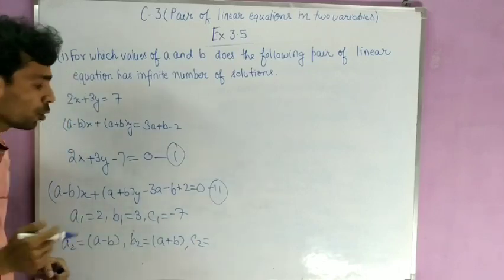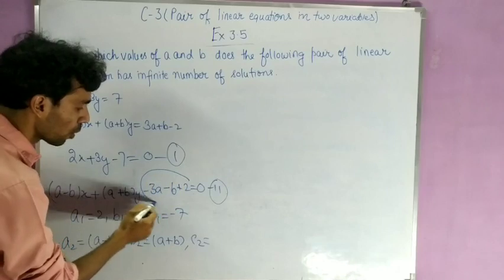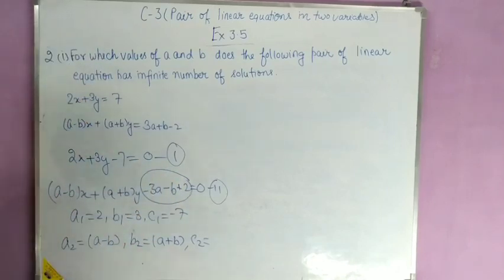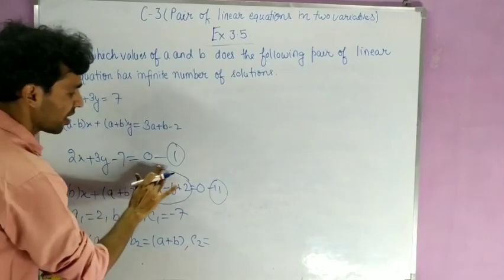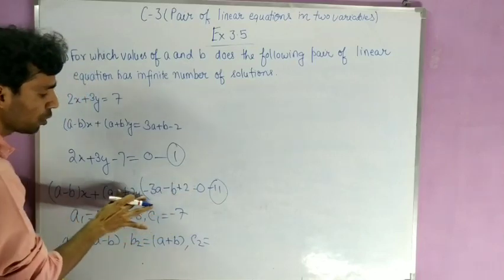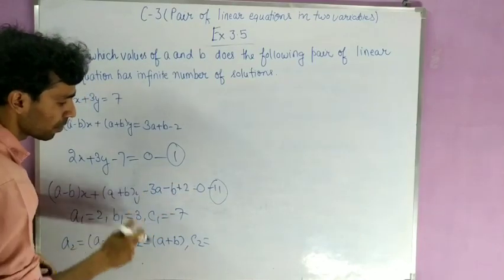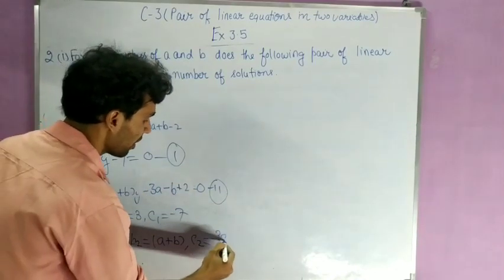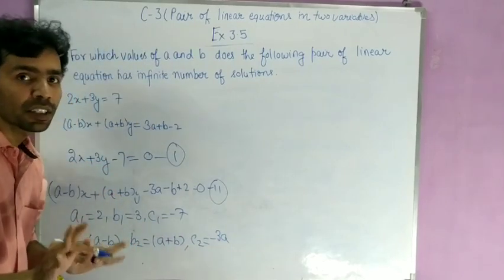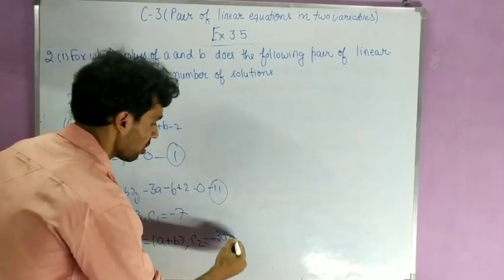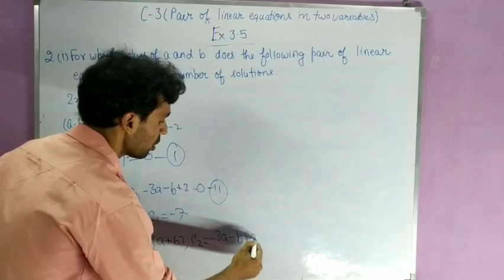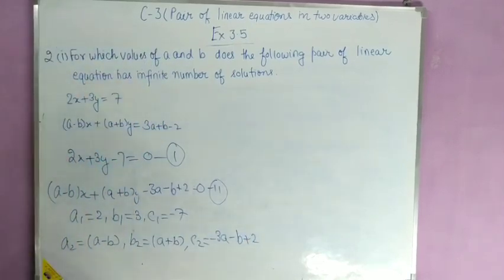What will be the value of c2? This full expression is the value of c2, with the sign. So the value of c2 will be minus 3a minus b plus 2, whatever the constant part is. So we got all the values of a1, a2, b1, b2 and c1, c2.